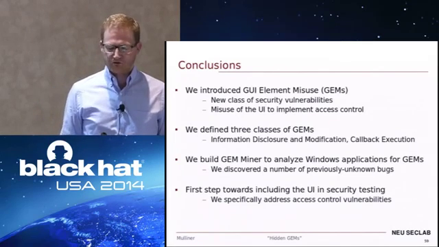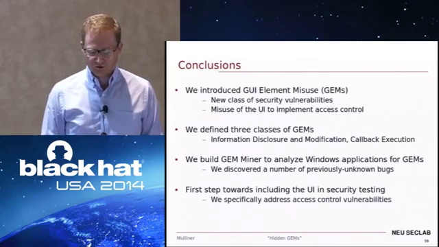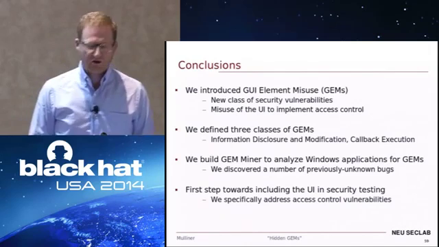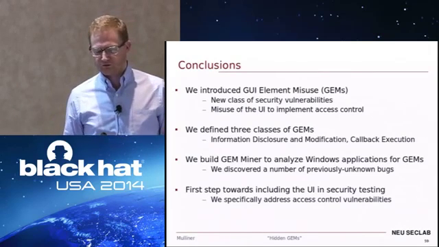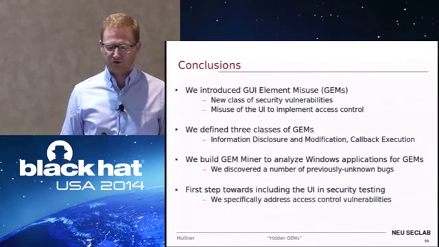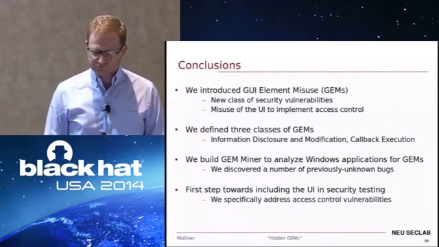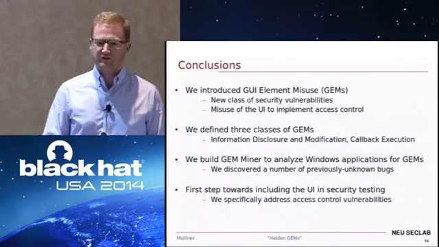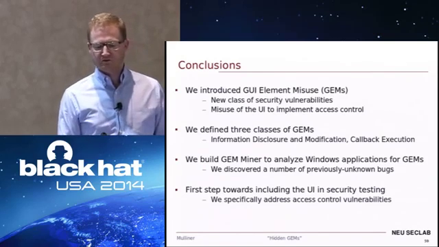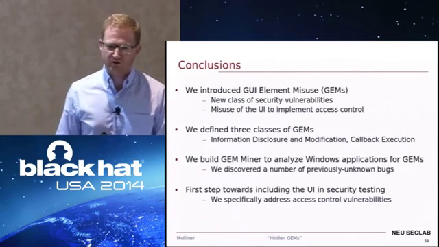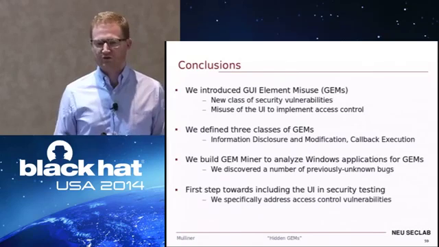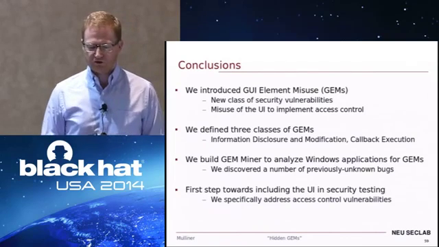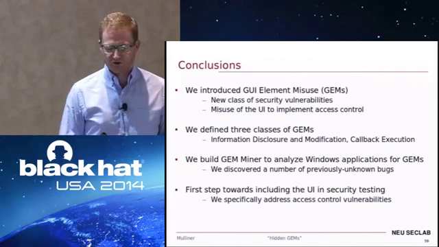The system that we built works pretty well on Windows, and we discovered some unknown bugs. I think it's a good first step to include the UI more in testing. There have been other tools which interact with the UI just to test the actual application, but what I'm saying is that you should also test the UI as part of your security evaluation if you do black box application tests.